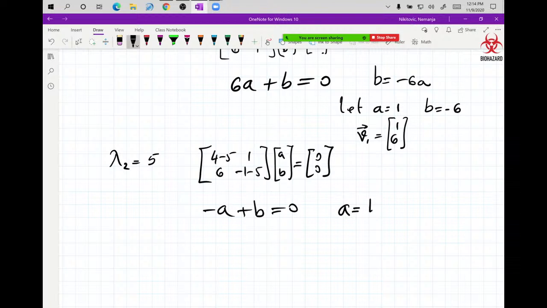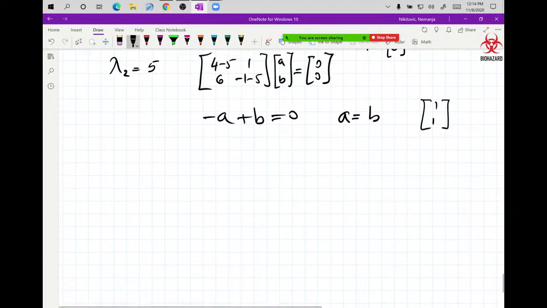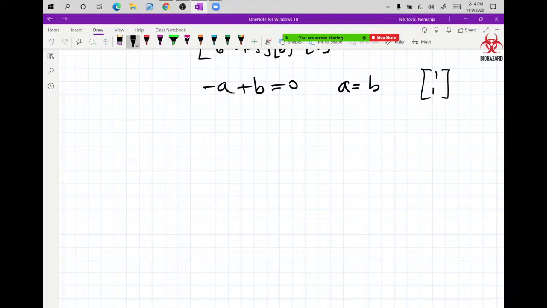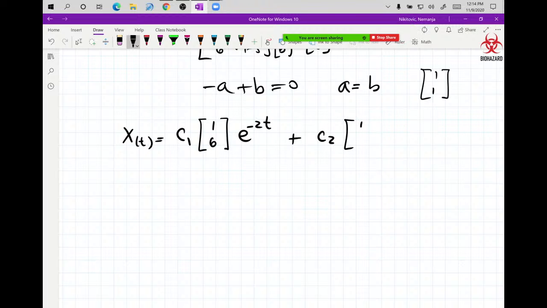So a is equal to b, and then just 1, 1 vector is perfectly fine. So I have my x of t solution as c1 and then 1, -6, and then e to the negative 2t, plus c2, and vector is 1, 1, and e to the 5t.